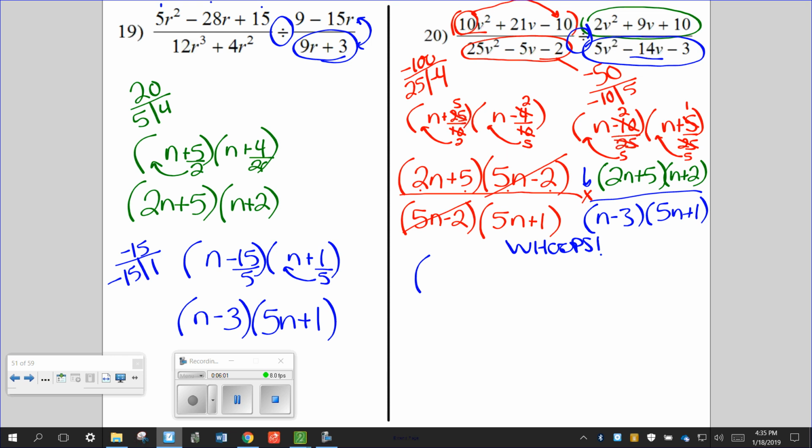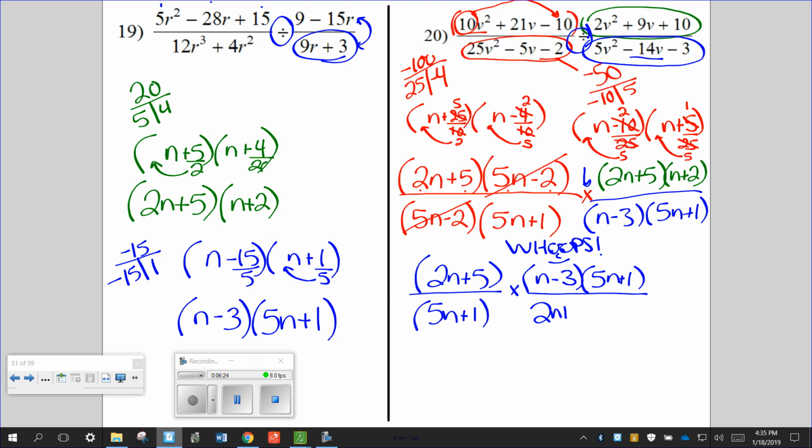Oops. 2n plus 5 over 5n plus 1 times, okay, n minus 3 is what should be in the numerator, and 5n plus 1 divided by 2n plus 5 and n plus 2.